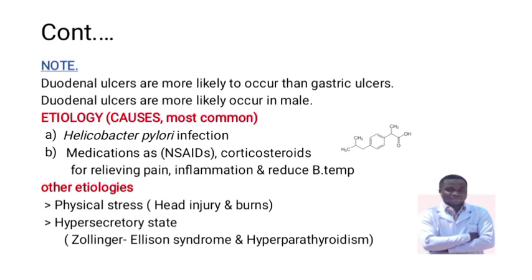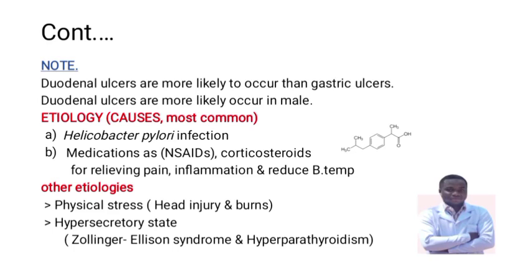The prostaglandins, which are secreted in the stomach and duodenum, stimulate mucus and bicarbonate secretion. Therefore, the utilization of non-steroid anti-inflammatory drugs inhibits the enzyme used to synthesize the prostaglandin. If there is no prostaglandin in the stomach, there is a decrease in mucus and bicarbonate secretion.